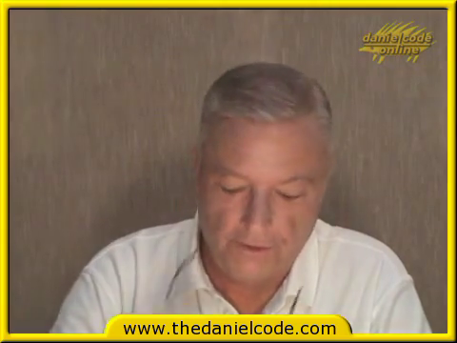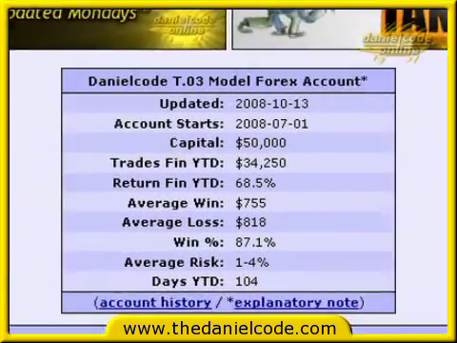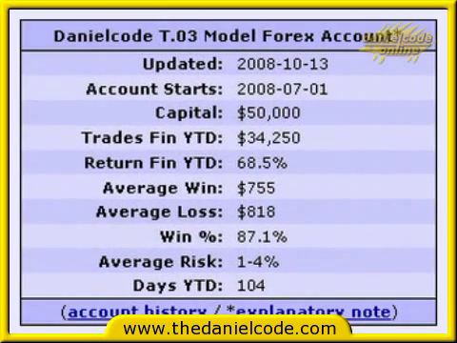So let's have a look at what information we've got on the website to show you about these signals. The first thing you'll notice on the front page of the website is the Danielcode T.03 Model Forex account. Now this is a summary account.